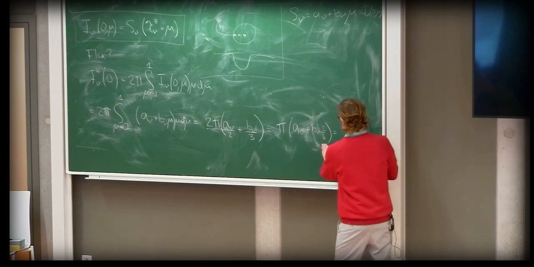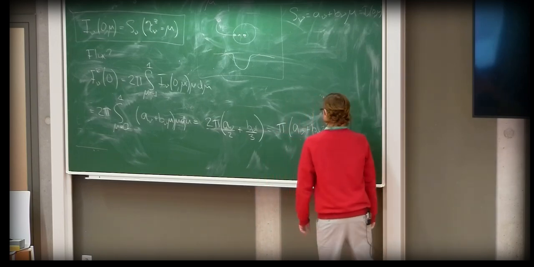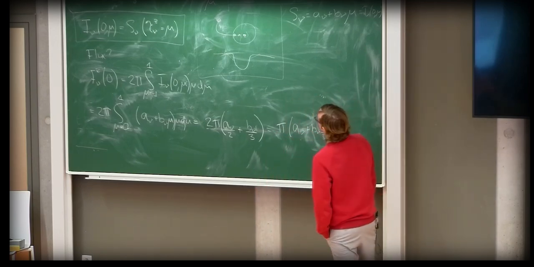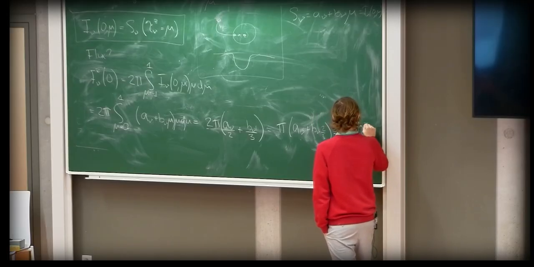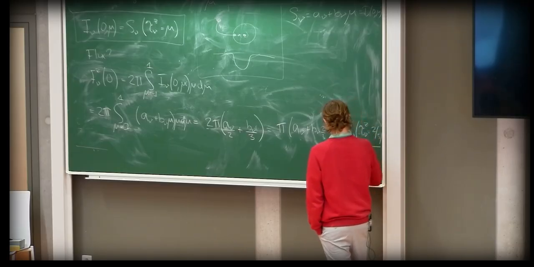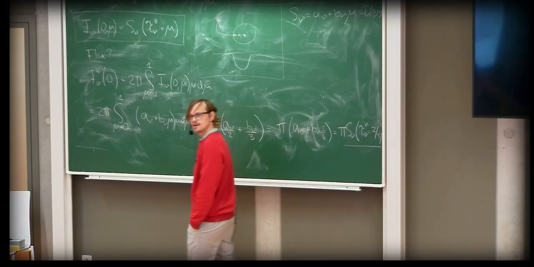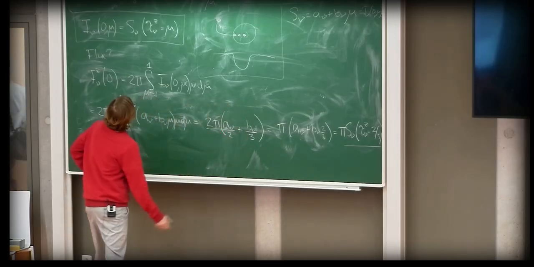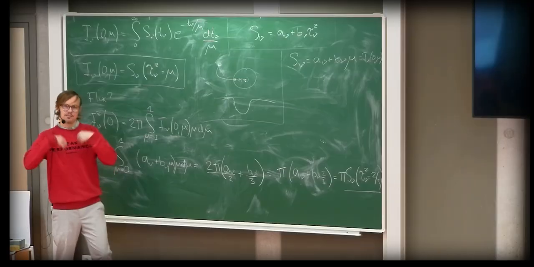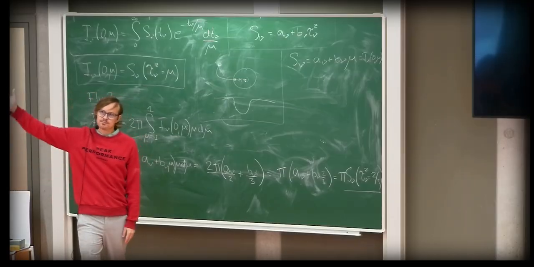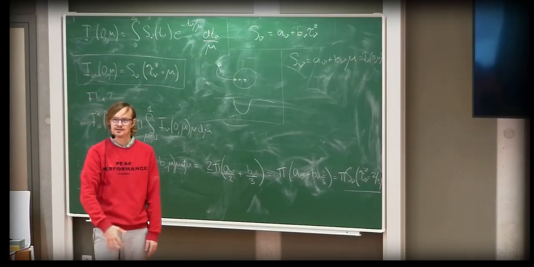So what is this? Well, this is pi times the source function at an optical depth tau equal to 2/3. So we see that the intensity is always emerging along the ray from an optical depth of unity.